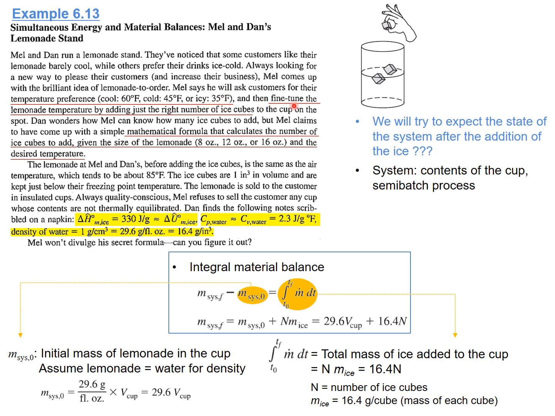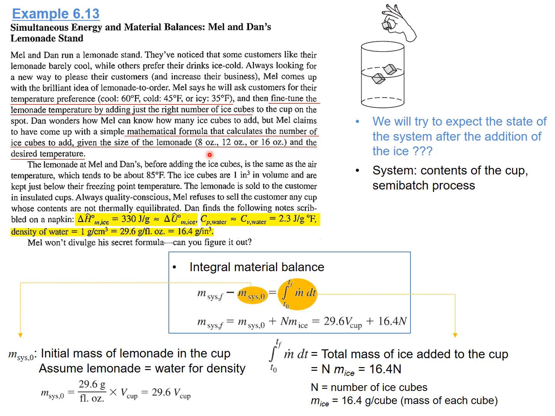And then fine-tune the lemonade temperature by adding just the right number of ice cubes to the cup on the spot. Dan wonders how Mel can know how many ice cubes to add. But Mel claims to have come up with a simple mathematical formula that calculates the number of ice cubes to add, given the size of the lemonade.